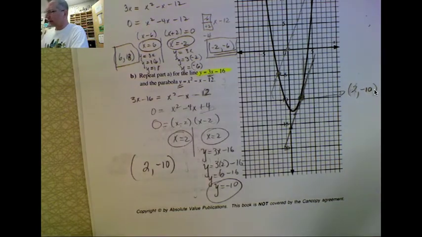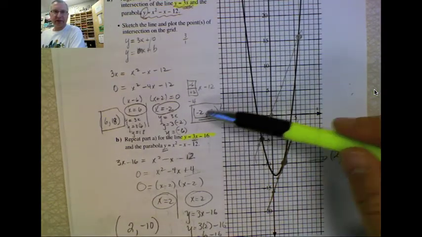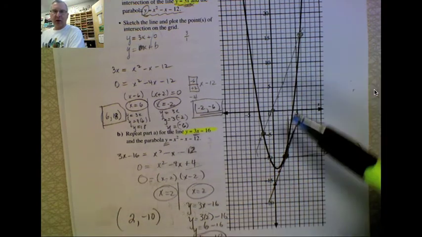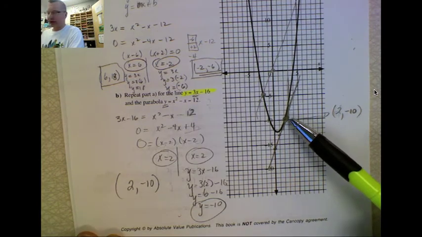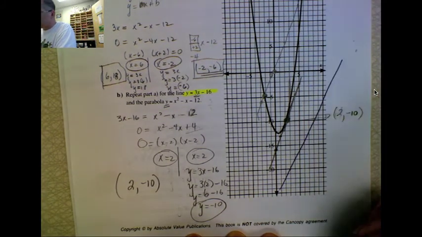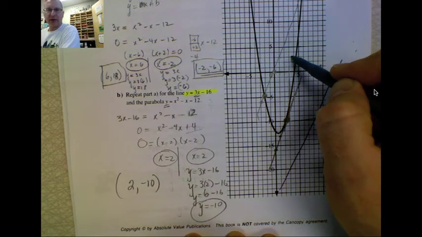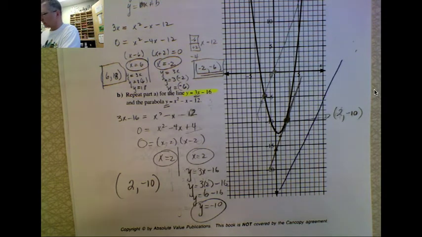So right now we've seen that if you have a line, you could have 2 points of intersection like in the first example, or you could have 1 point of intersection. The only other situation you could have is if you had a line out here that did not touch the parabola, then you would have no points of intersection.